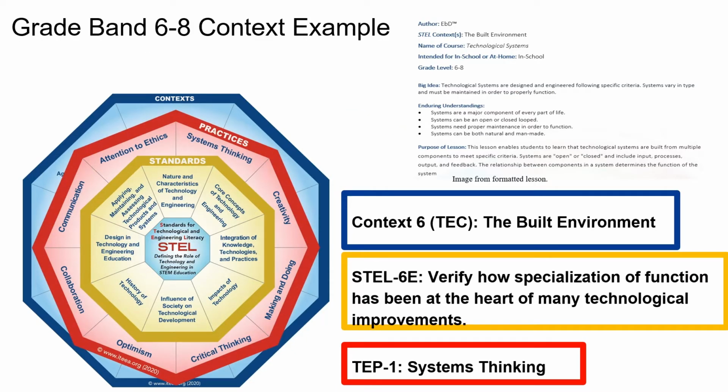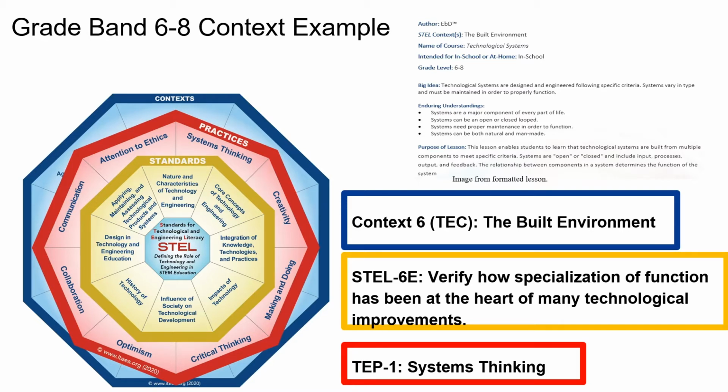A lesson from Technological Systems fits within the context of the built environment. Students may apply STEL 6E, verify how specialization of function has been at the heart of many technological improvements, in a space structure project. Students design and build a scale model space exploration environment and living habitat for our moon.